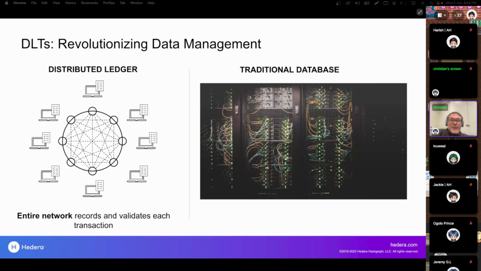In a distributed ledger, because you can validate and audit the data itself, you don't have to trust any one party. You can query one node and then query another node and query another node, and the data will be the same. If it's not the same, then something's gone wrong and you should not trust that data.